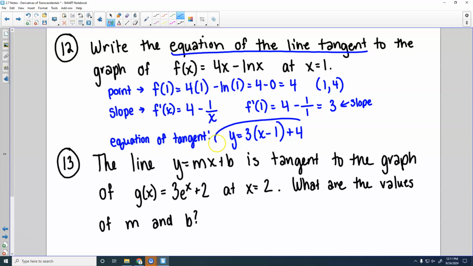So this would be our final answer. That one worked out pretty nicely. We had nice numbers in the answer there. So that natural log did not really cause us a lot of problems.